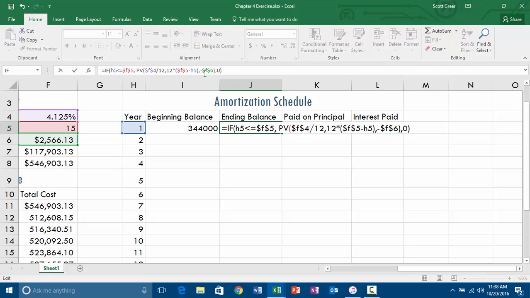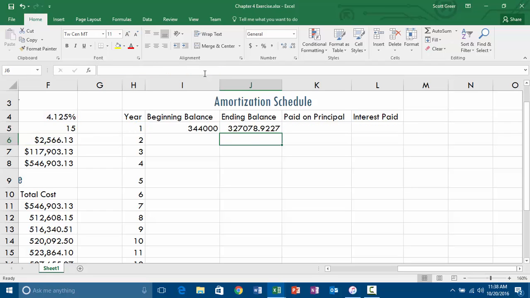So 0 if we've already paid everything. We hit enter, and it gives us our ending balance.